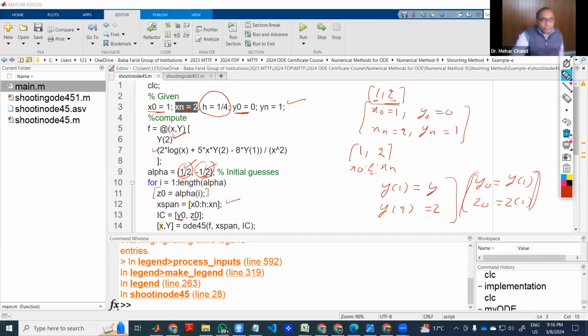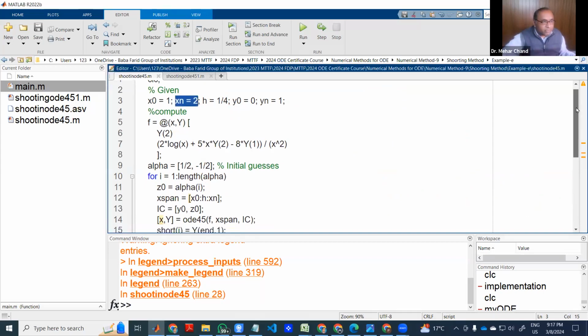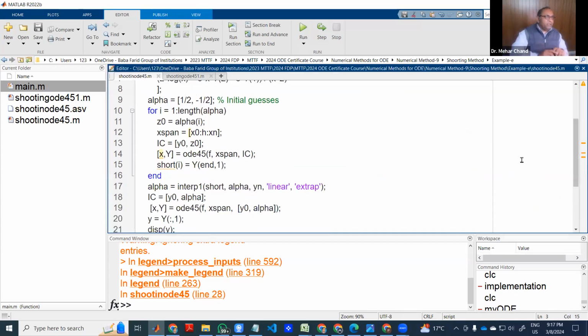Now scroll down, and here we are using ODE 45. This ODE 45 is an inbuilt function in MATLAB, which is used for ordinary differential equations, and we can use it for boundary value problems too.